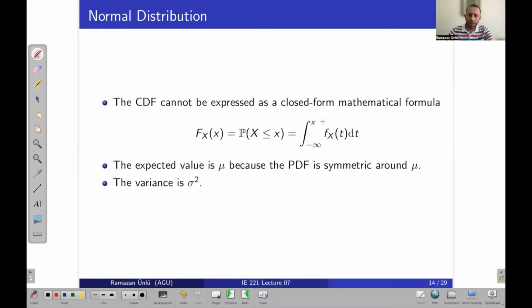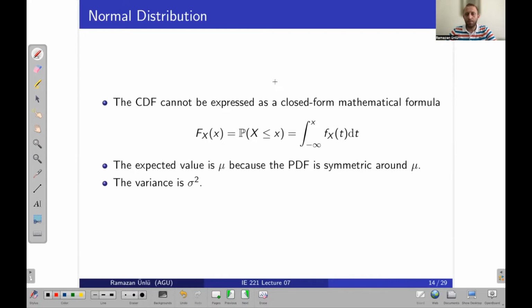But in the normal distribution case, the integration of the PDF is not possible. The PDF function is not integrable, so we cannot use that rule. We cannot derive the CDF from the PDF. But of course, there's a solution, and you will see that we can solve this integration numerically.